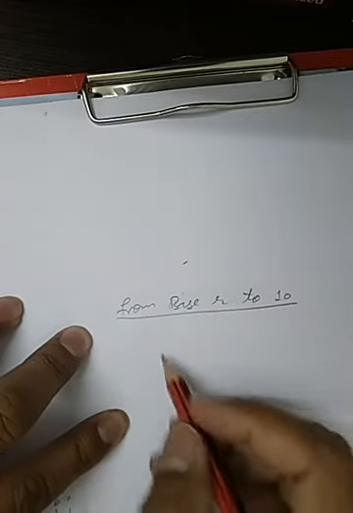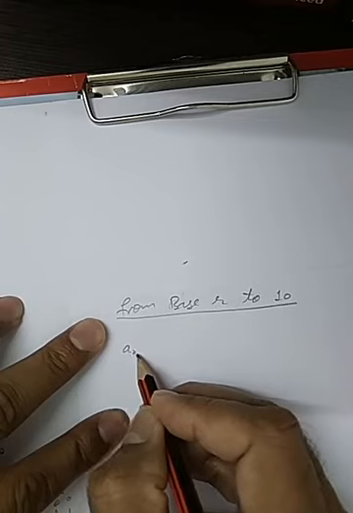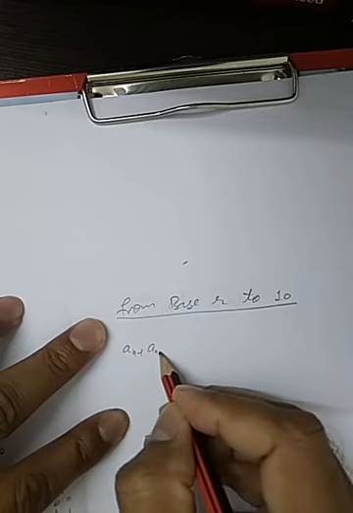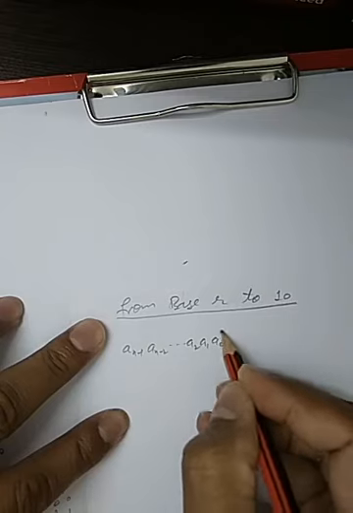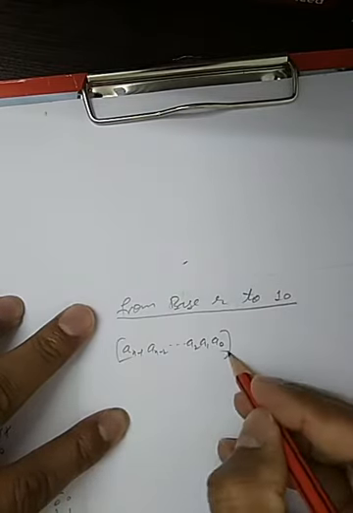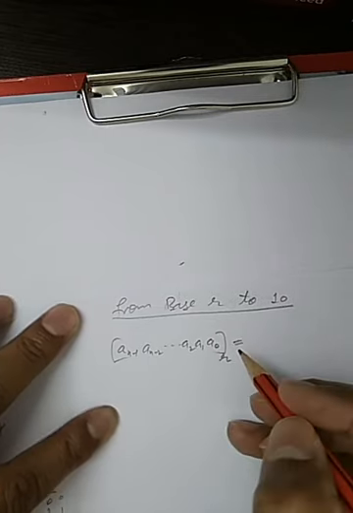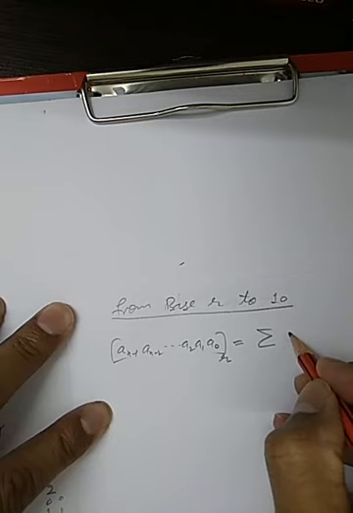What is the conversion formula? I have a_{n-1}, a_{n-2}, and so on, a2, a1, a0. These are the symbols in any base R. So this will be converted into decimal number system by using this formula.